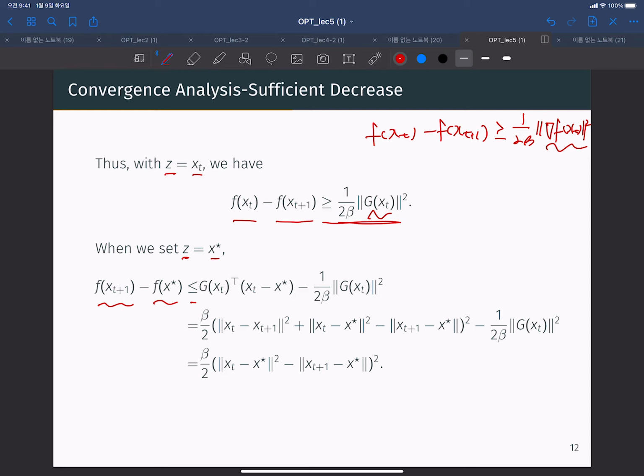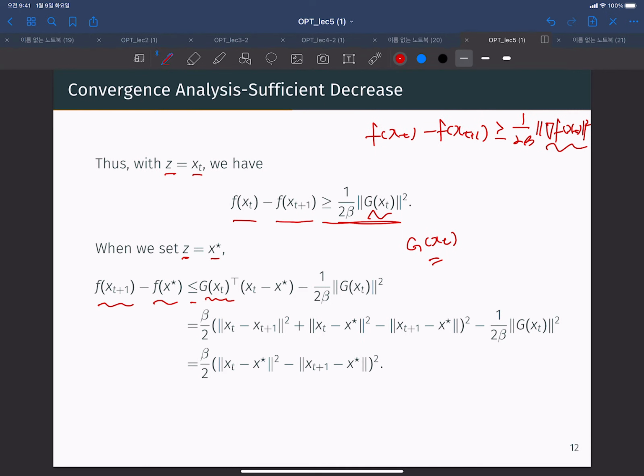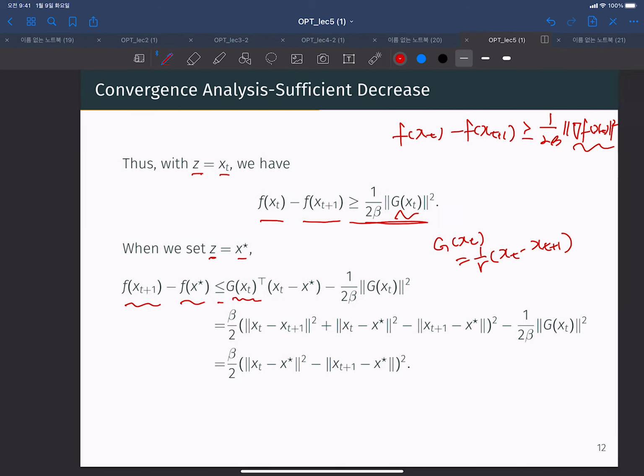And from the definition of this, G(x_t) was equal to what? 1 over gamma times (x_t minus x_{t+1}), right?